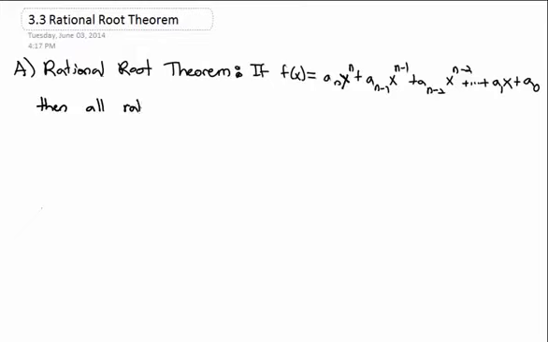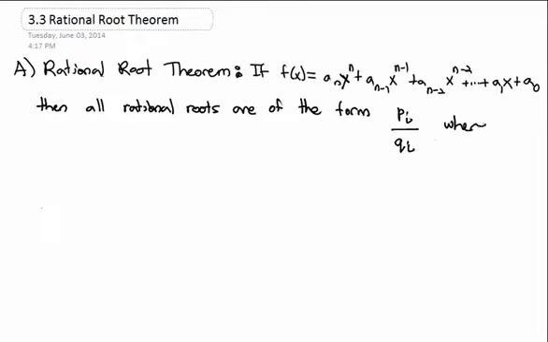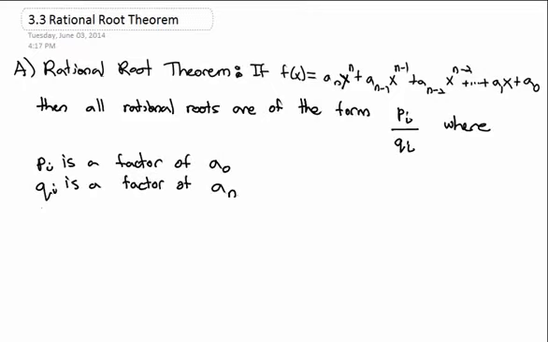Then all rational roots are of the form p sub i divided by q sub i, where p sub i is a factor of a sub 0 and q sub i is a factor of a sub n.